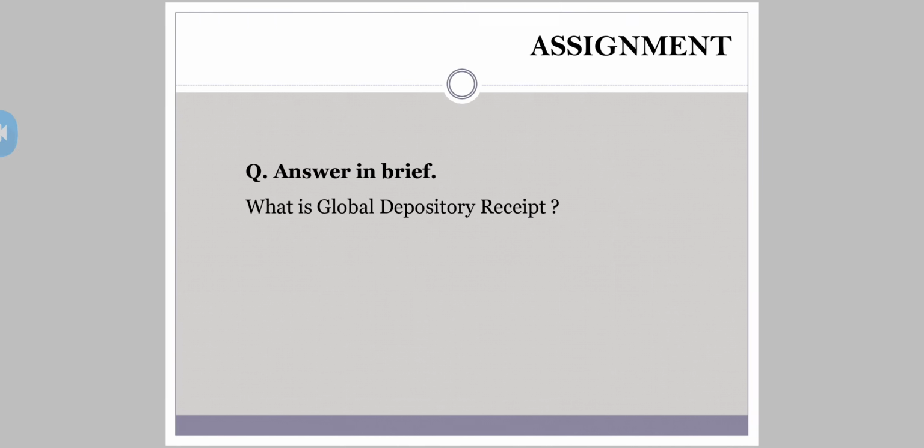See, we have come to the end of this topic and there is only one question given in the textbook: What is Global Depository Receipt? If this question is asked, you are supposed to write the whole introduction and then the examples where the GDR is traded.